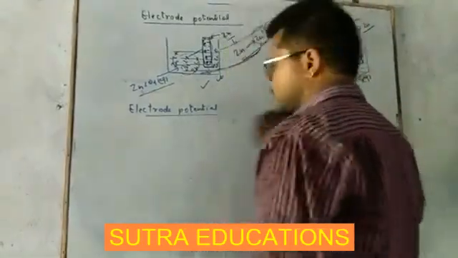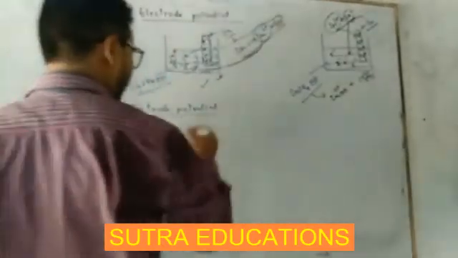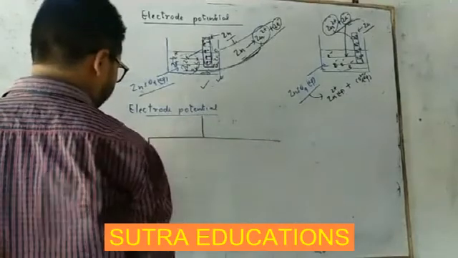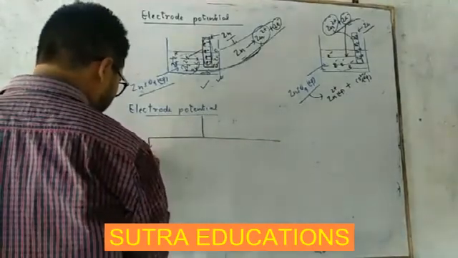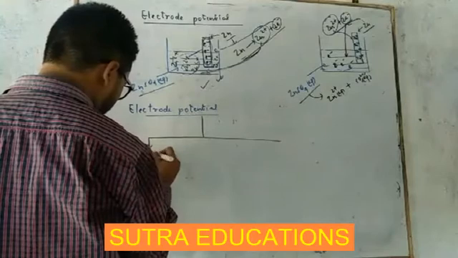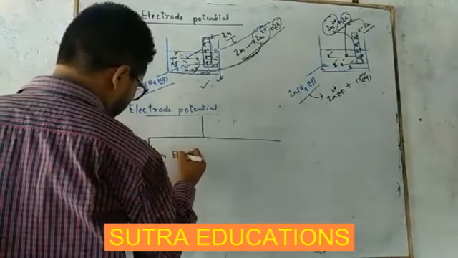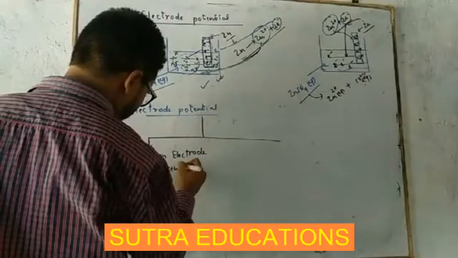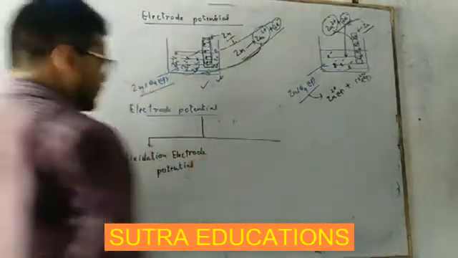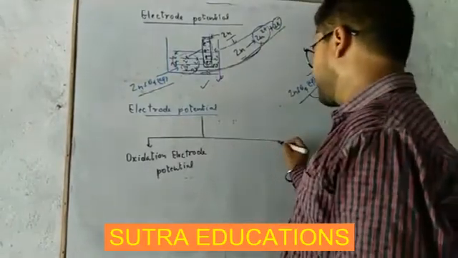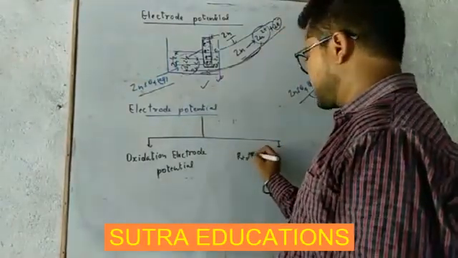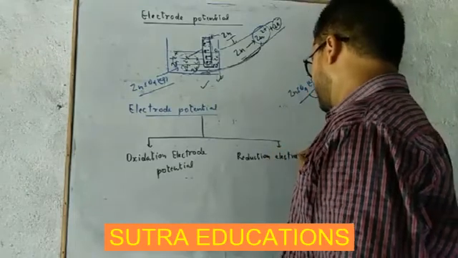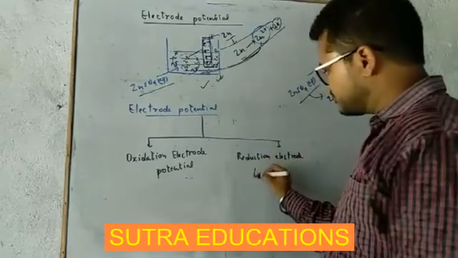This is electrode potential, and electrode potential is further divided into 2 types. One is called oxidation electrode potential, and the other type is called reduction electrode potential.